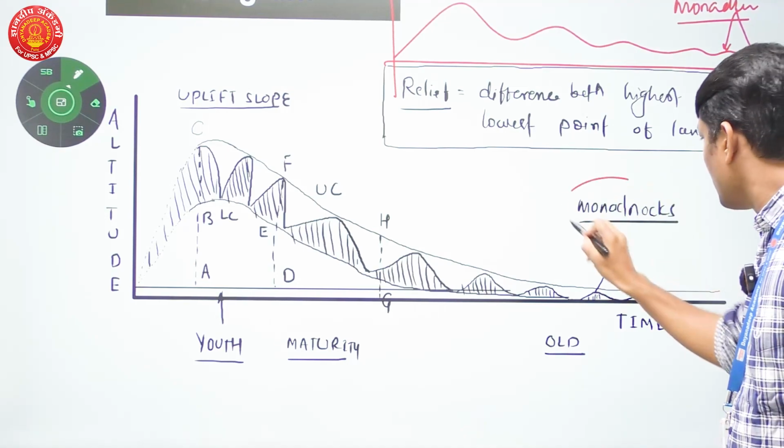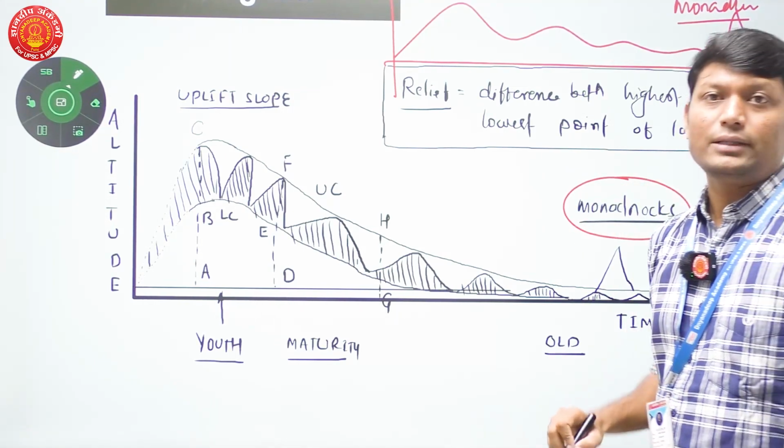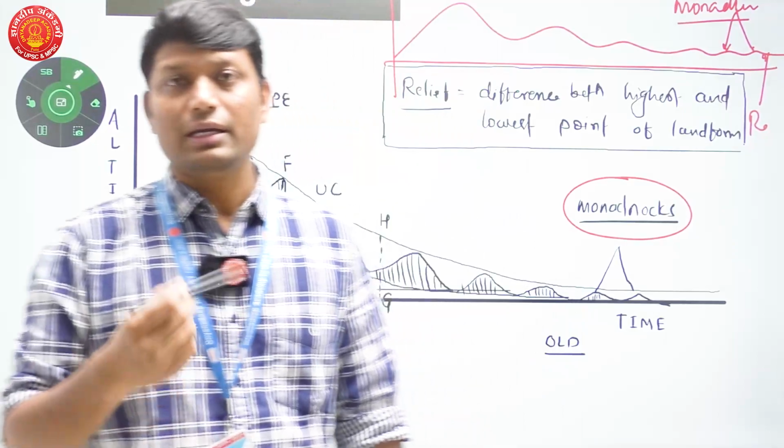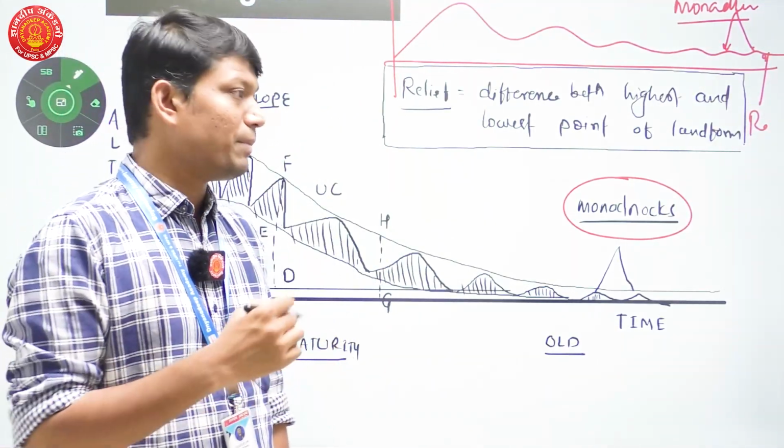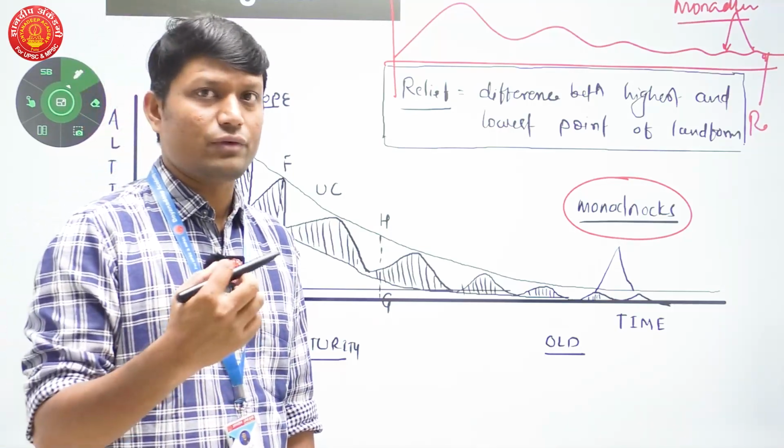Clear? So these are the landscapes or the landforms which are formed in the penultimate stage of Davis's cycle of erosion.